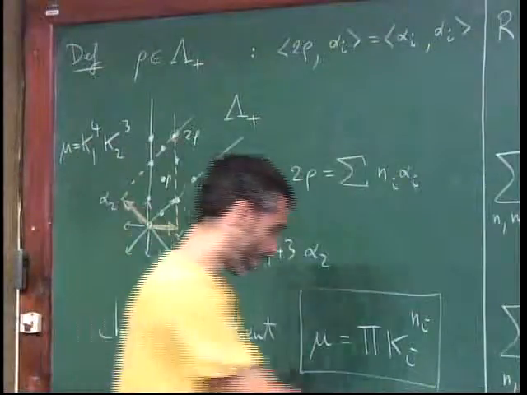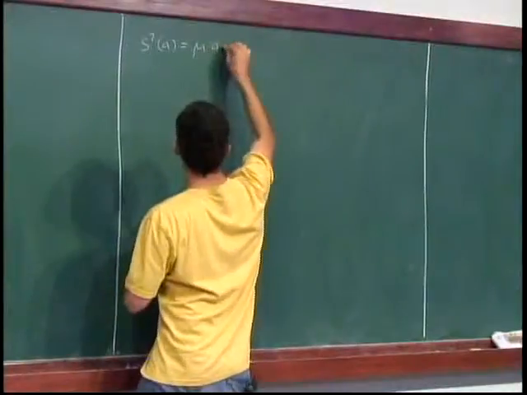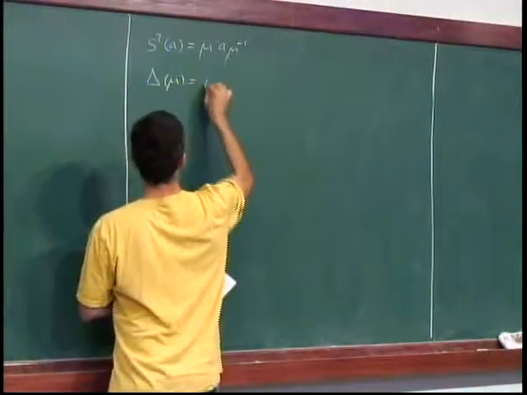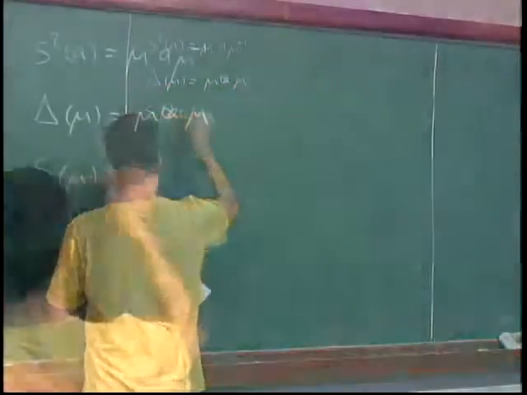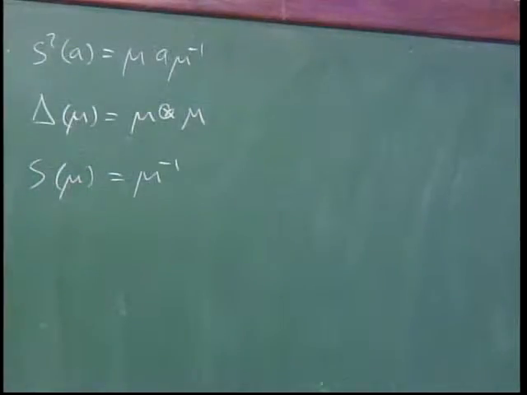We need to check that this element satisfies all these properties that I listed before. So we have, for example, s squared of a equals mu inverse, or delta of mu equals mu tensor mu, and similarly, s of mu equals mu inverse. These are easy to check.